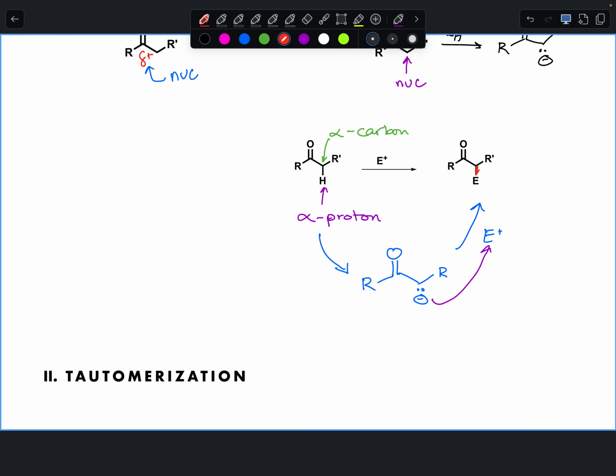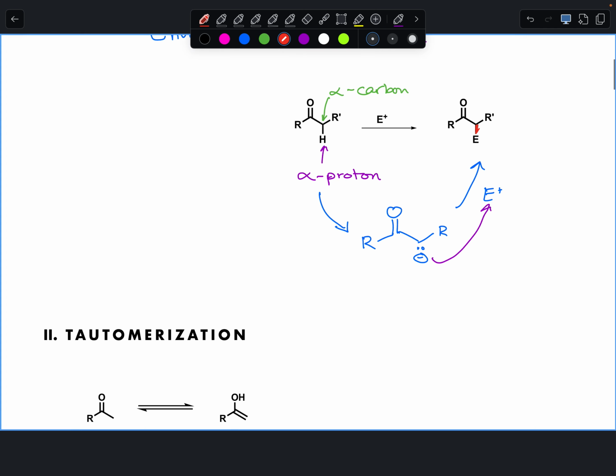Higher or lower? Higher, right? So here's the enol form. Okay, and the difference in energy here, that's your delta G. Okay, so now that we drew it out on an energy diagram, is it easier for you to have a feeling for which side's favored? Yeah? Which side's favored?